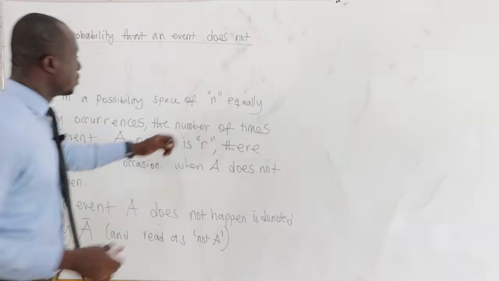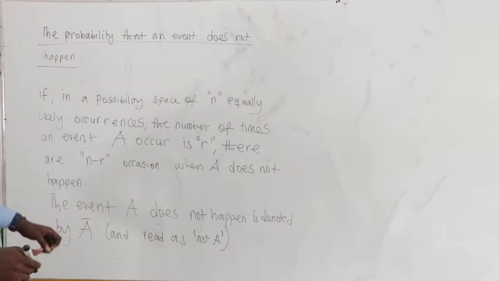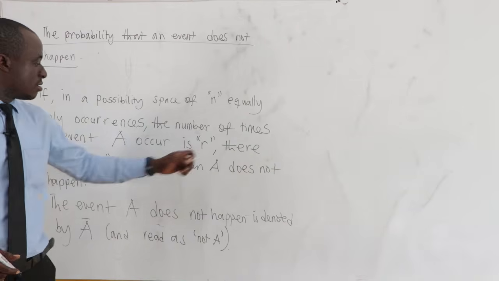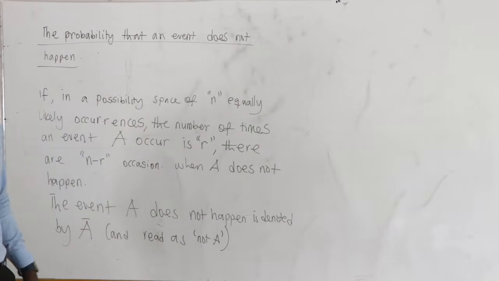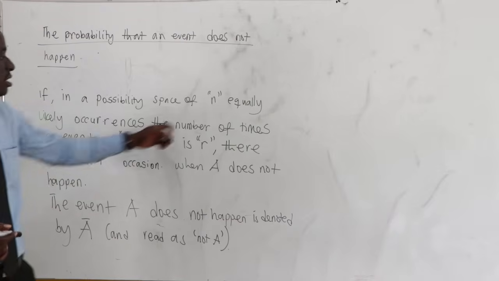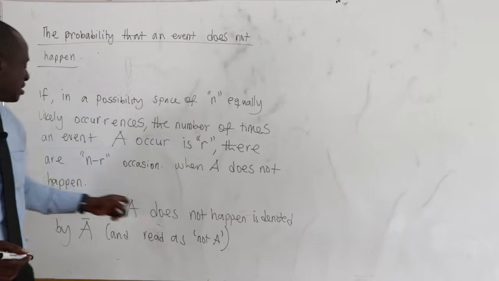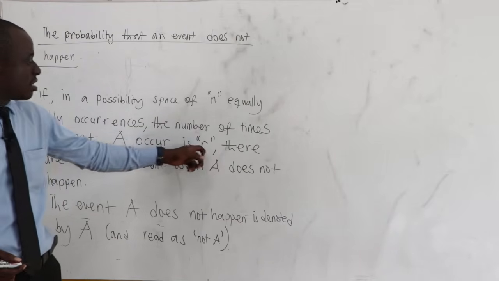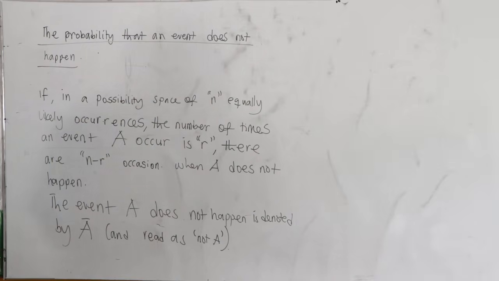The total is n, and A has occurred R times, so the number of times that A would not occur is n minus R.